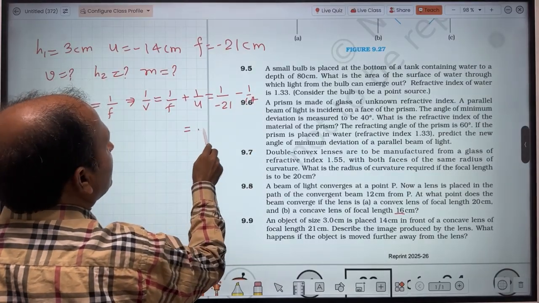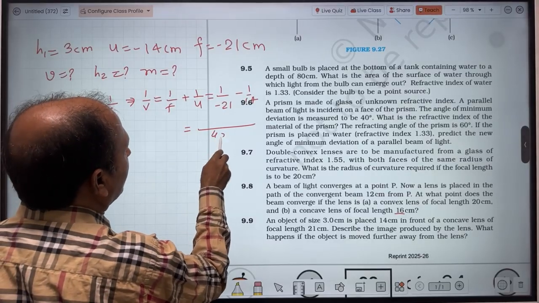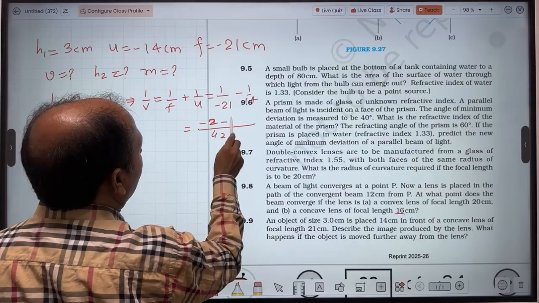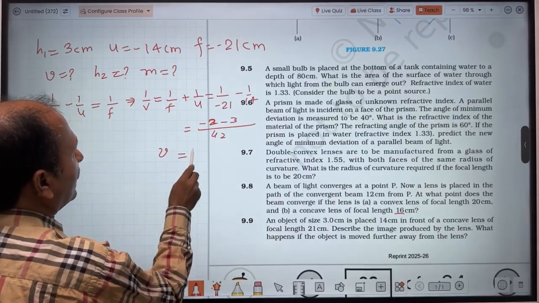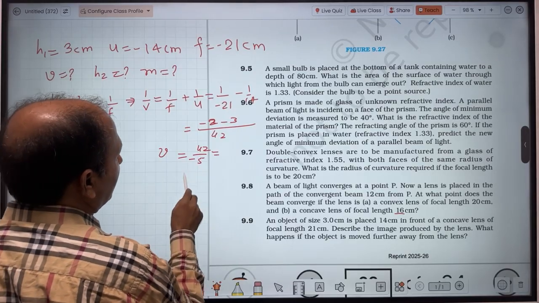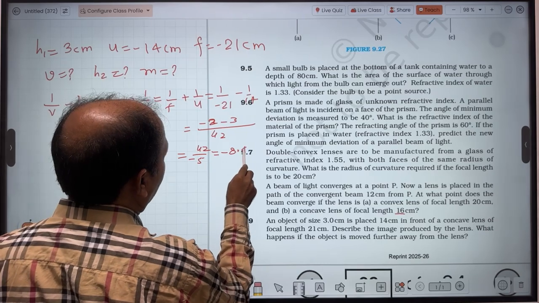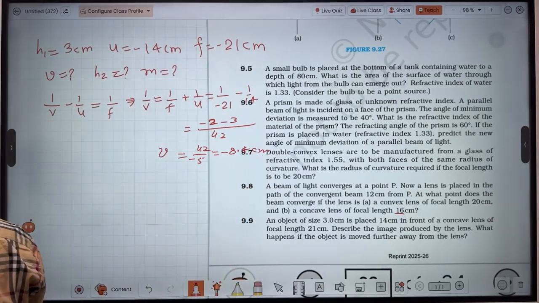Let's simplify. So this will become 42. So minus 2, minus 3. So v is equal to 42 divided by minus 5, that is minus 8.4 cm. So this is the value of v. Up to here there is no problem.